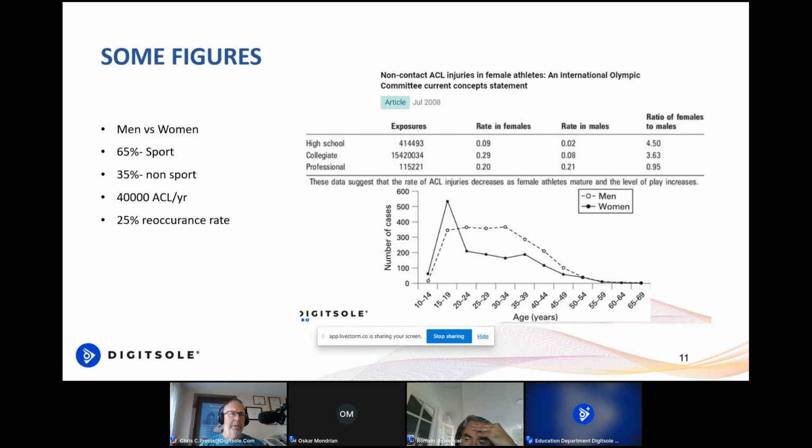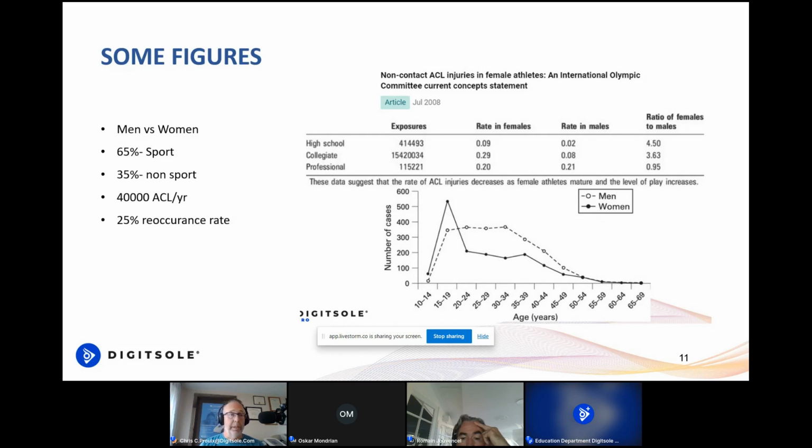The majority of surgeries that occur at the knee for ligament repair are going to be the anterior cruciate ligament. Because of the structural differences between males and females, we do have a much higher ratio in females, especially at that younger age. What we do find as they get older is that it evens out a little bit. And part of that is also going to be due to the fact that someone got into a very high level of sport, or they're not involved in physical activity at all. 65% of these are actually related to sport.